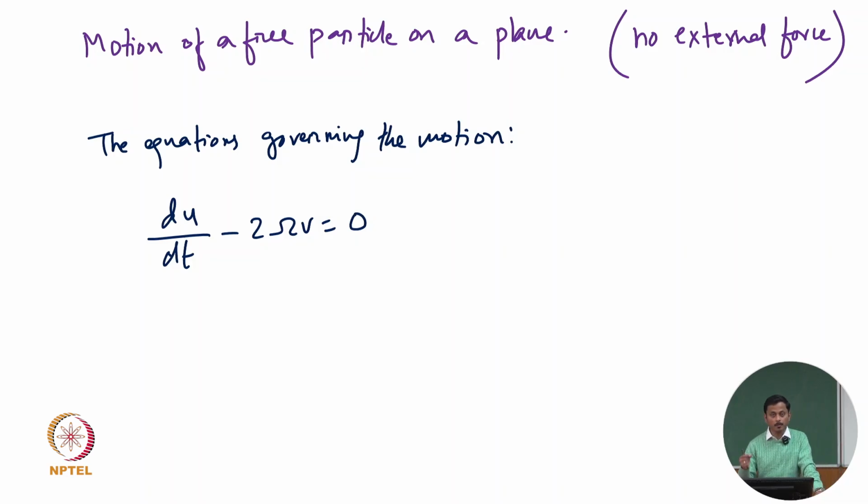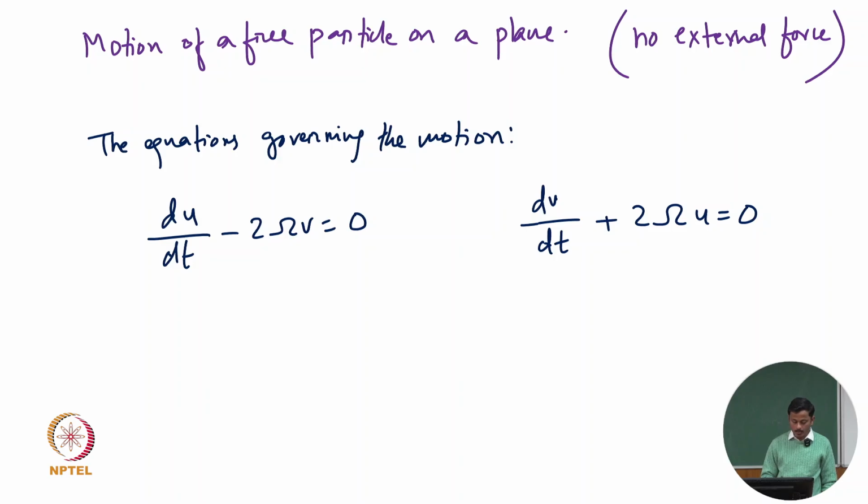This is a particle, we are not talking about a fluid element here, so there is no external force acting on it. There is no frictional force, no viscosity, no pressure gradient, and it is just moving in a horizontal plane. So du by dt is the x momentum equation, and dv by dt plus 2 omega u equal to 0 is the y momentum equation.